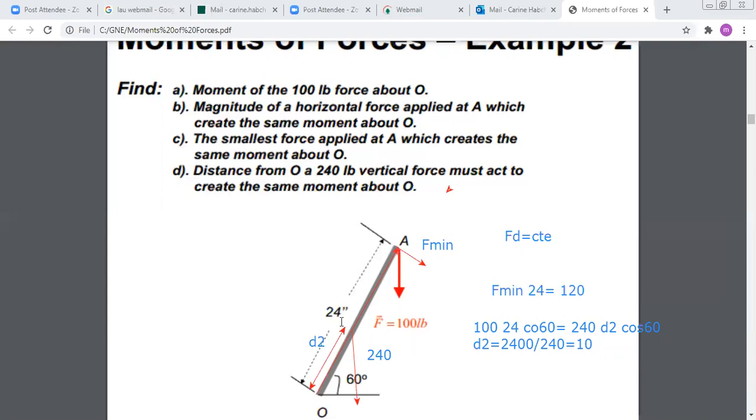This is why if I look at my numbers, I can directly say that D2 is 10, because F times 2.4 is 240, and 24 divided by 2.4 is 10. And this can be easily shown by the calculation. Okay? Any question on this?